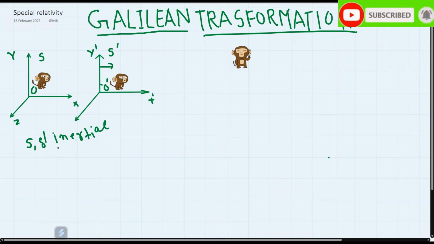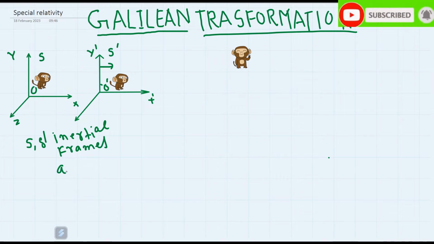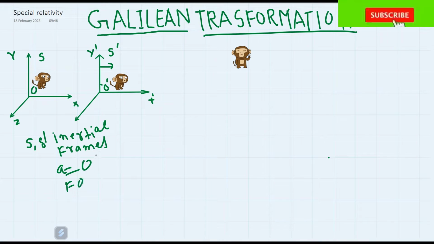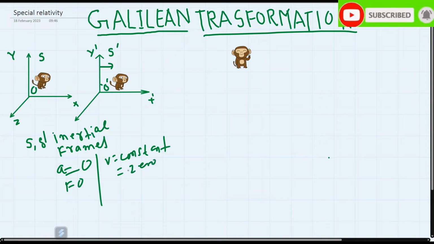These are inertial frames, meaning they have no acceleration, which implies no force, so their velocity is constant or zero.